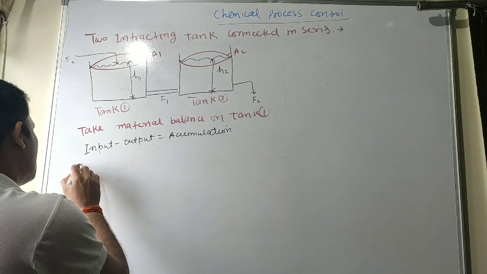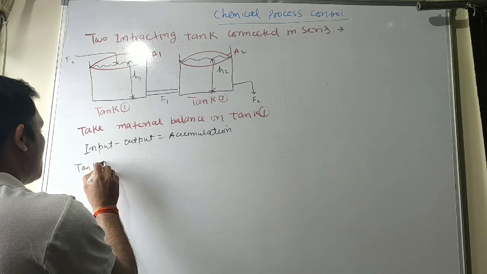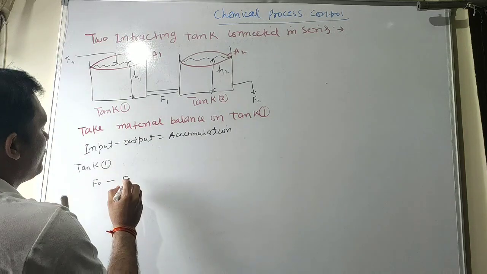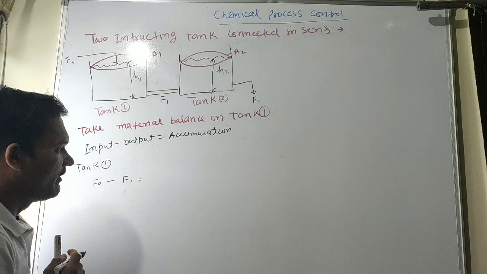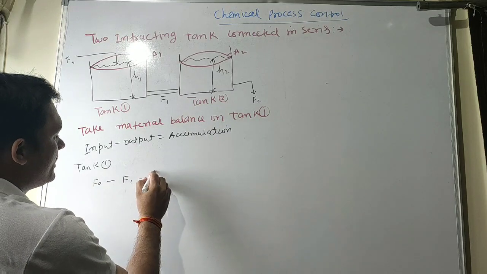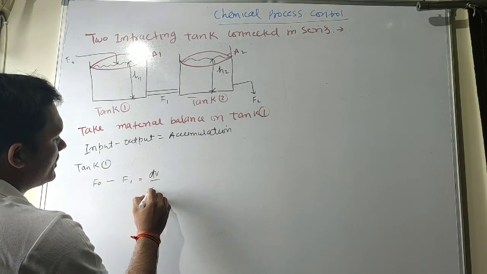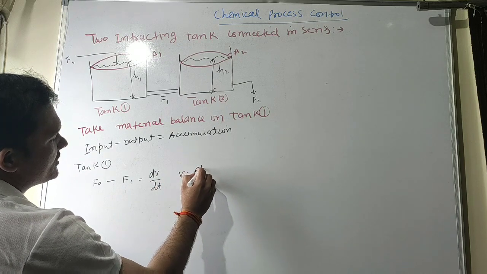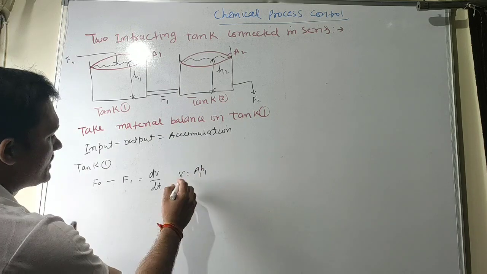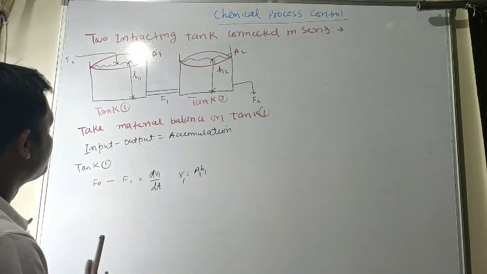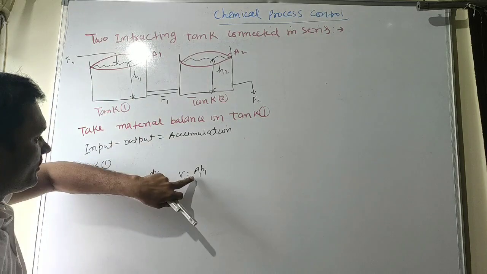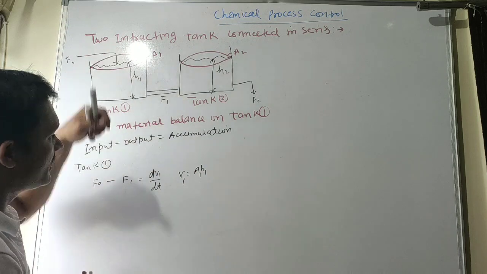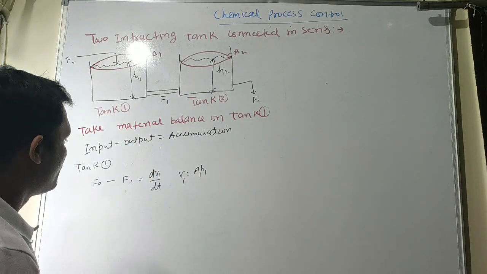For tank 1, input is F0 and output from the first tank is F1, and the accumulation will be dV upon dt, where V equals A1 into H1, where A1 is the cross-sectional area and H1 is the height of the water in tank 1.